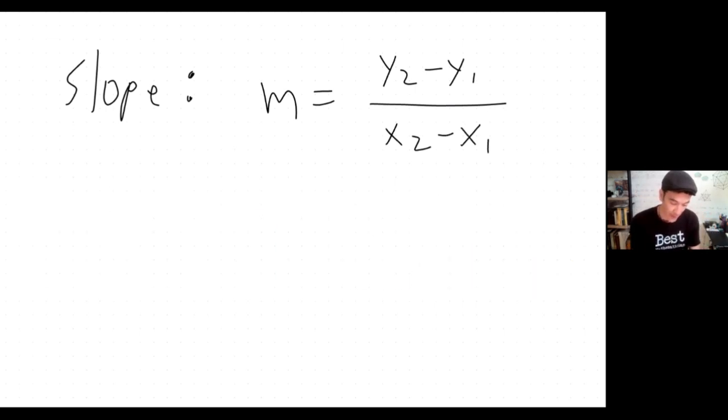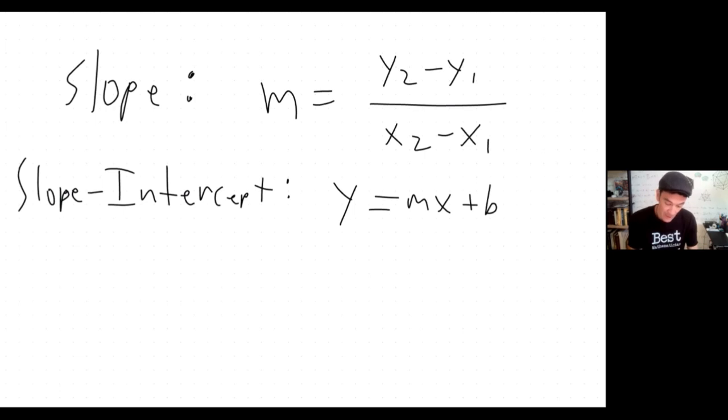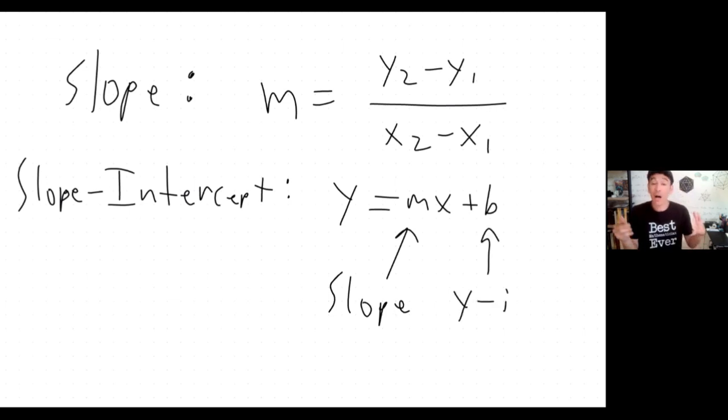Also, we have the very famous formula which is called slope intercept. And that's the formula that goes y equals mx plus b, where m is the slope and where b is the y-intercept of the line. That's what m and b are.